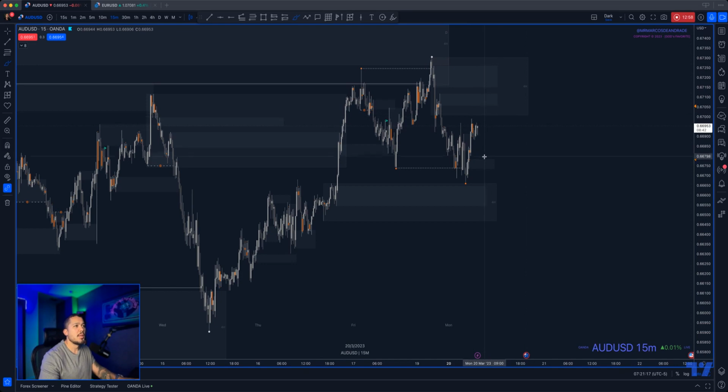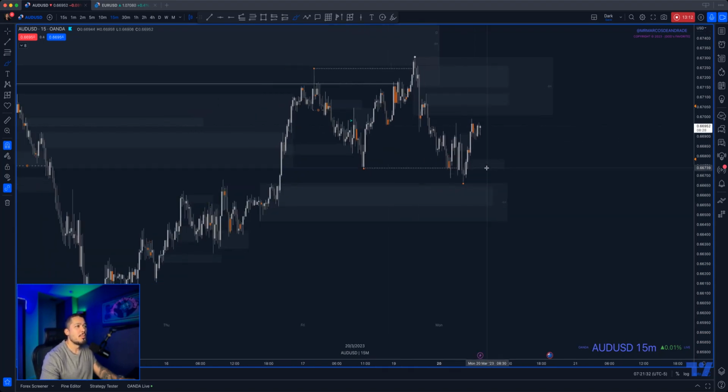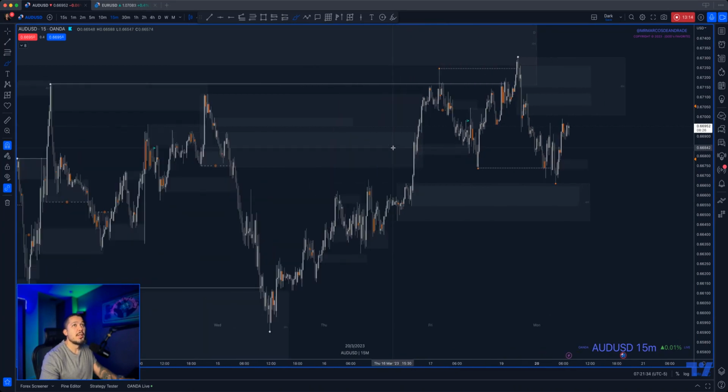Just a move like this could possibly give us a 6 or 7 R risk reward, and that will be plenty for the day and for the week, you know. So just a small move with this strategy can give you a lot of reward.